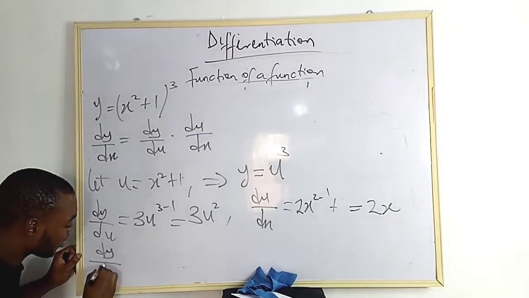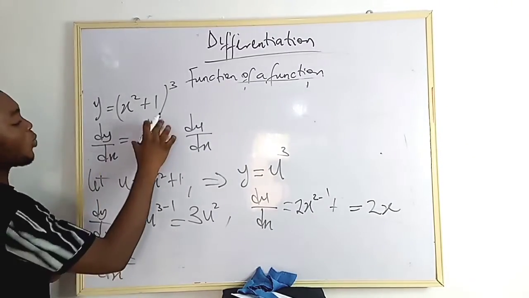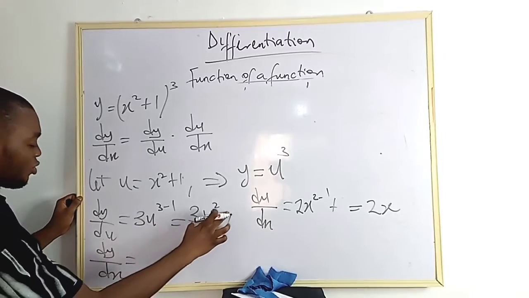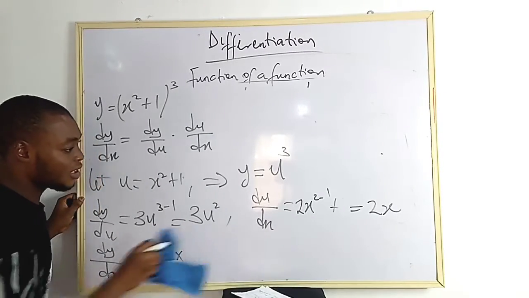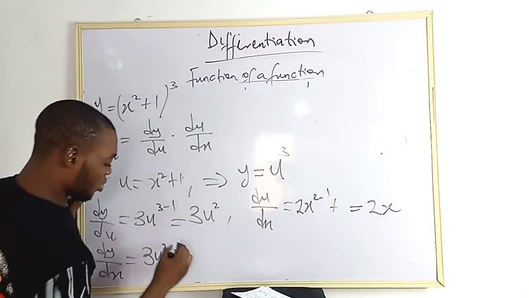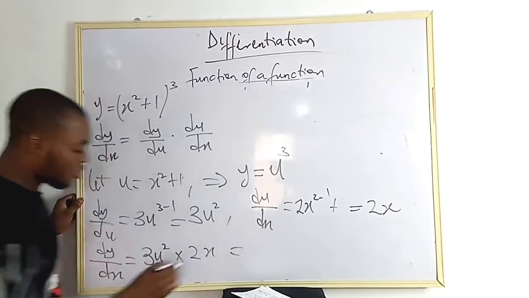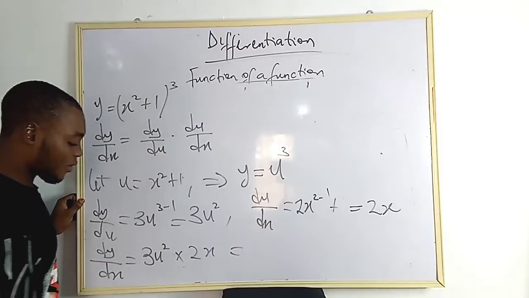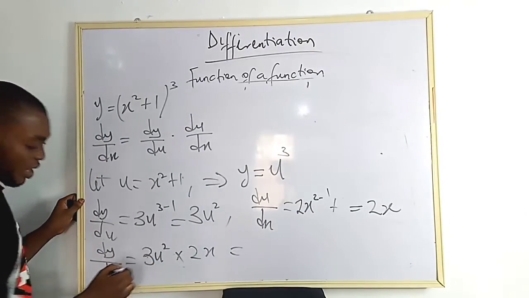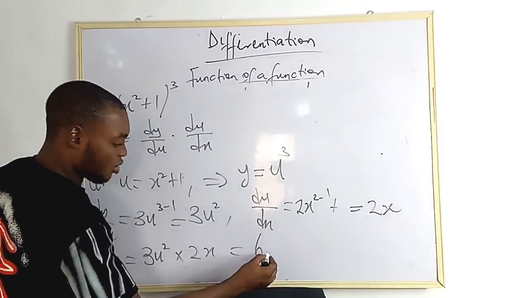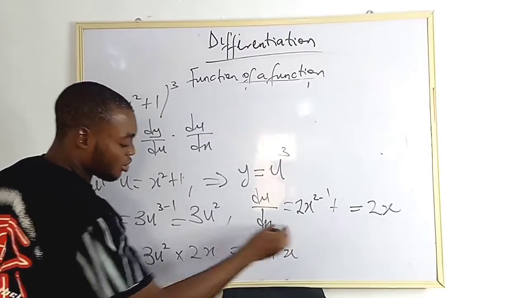From our formula, dy/dx equals dy/du times du/dx, which is 3u squared times 2x, so 2 times 3, that's 6u squared x.